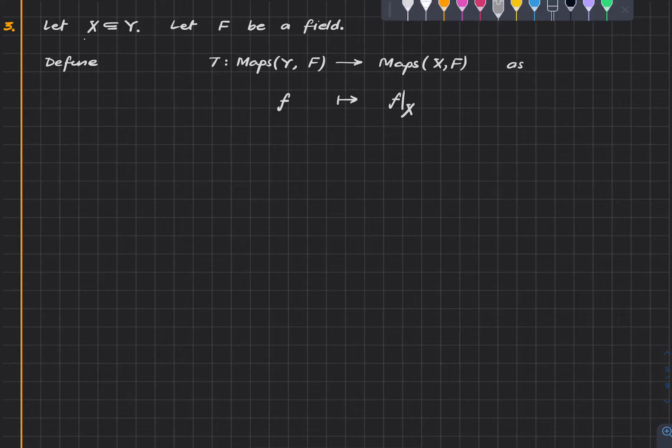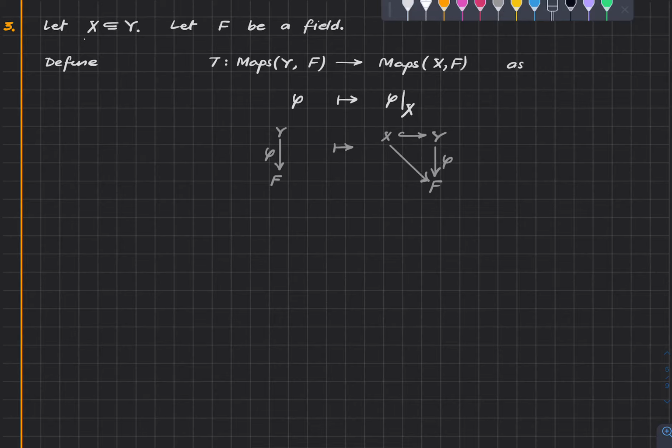It is taking a map, so f is a map from, okay, let me draw it that way. So f is a map from Y to the base field. Maybe I'll use phi because there are two f's. So let me use the symbol phi. So it is taking the map phi to that thing.